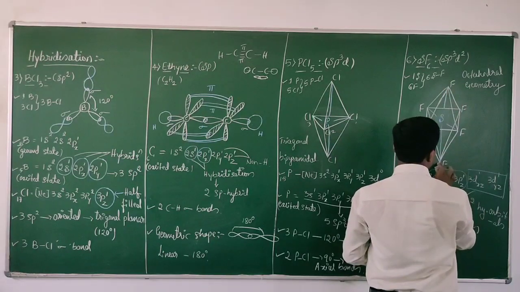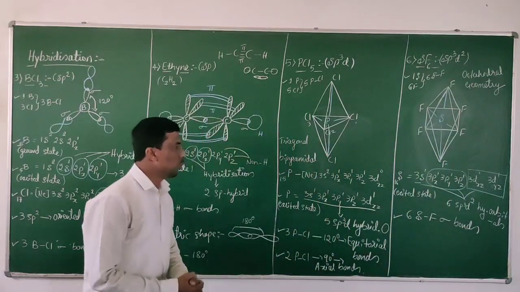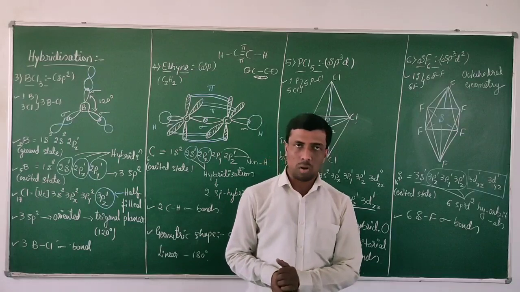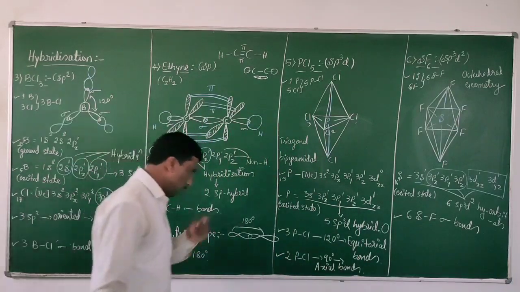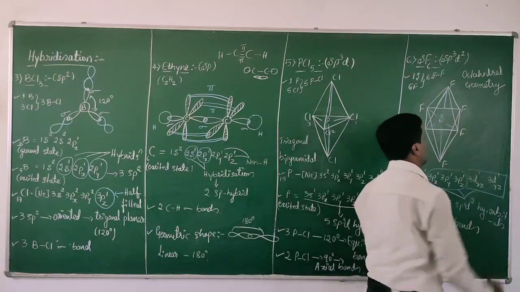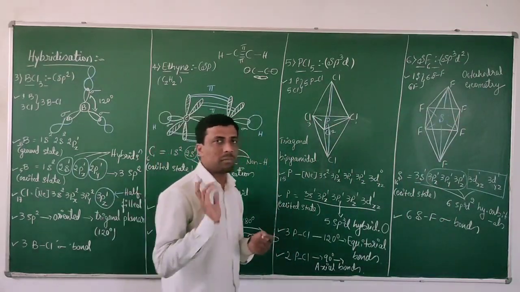This is about the sulfur fluorine sigma bonds. Here is one more thing: all the sulfur fluorine bonds are at a 90 degree bond angle. Please remember this point.